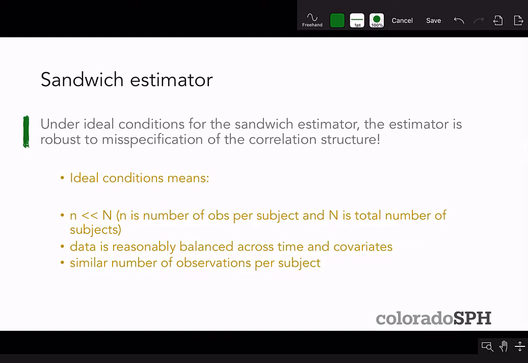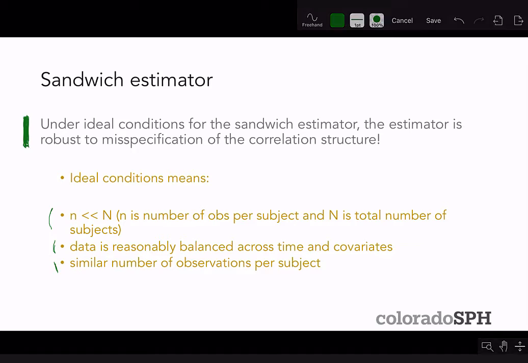So what do I mean by ideal conditions? Well, that means that the number of observations per subject is a lot smaller than the total number of subjects in the data set. It also means that your data is relatively balanced across time and covariates, and you don't have too many missing observations, and you have a similar number of observations per subject.